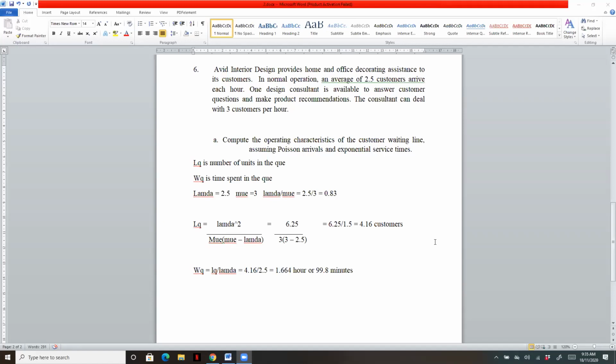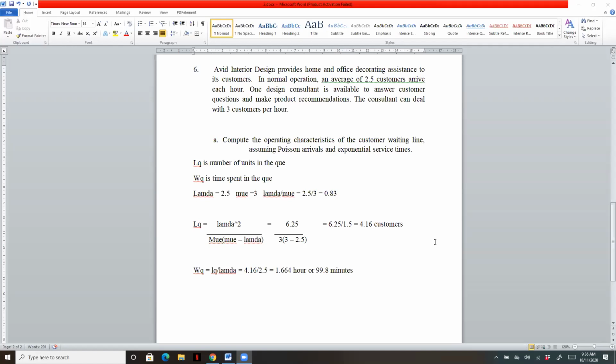So when we say operating characteristics, we are talking about all 6. Now, did anyone do question 6 and compute or derive all the characteristics for the question? No? All right. So it means that the rest of the class has those to do.